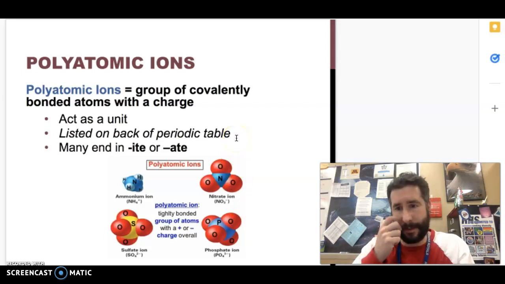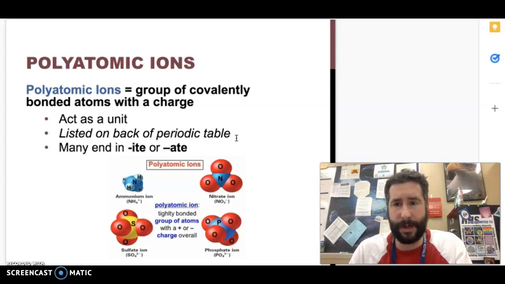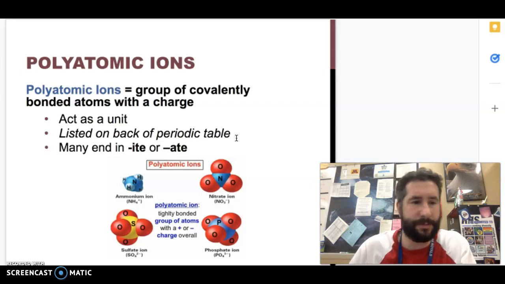Now we're going to have them listed on the back of a periodic table. I will post a periodic table that you may use that has these listed on the back here. So I will make sure that gets posted so you can see that and go from there.